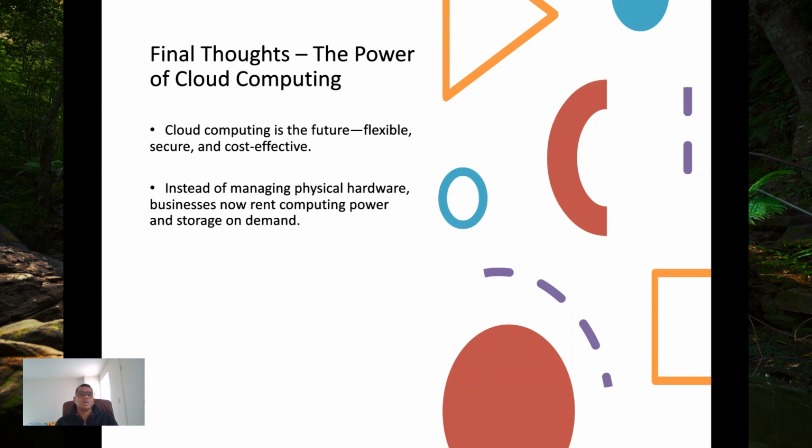Just create the service in your subscription and use it. So this is what cloud computing means.